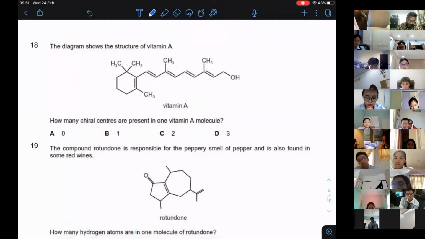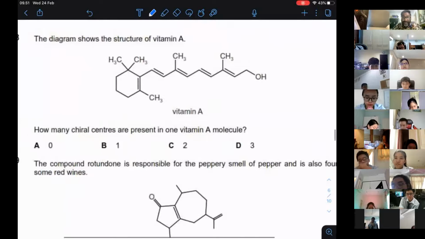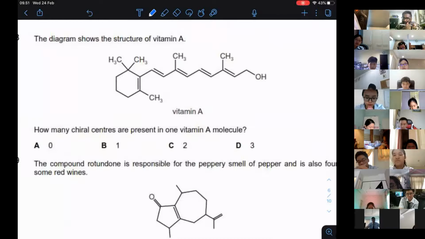Let's look at this. How many chiral centers will exist? Here you see there are different structures now, and you can see, especially this part, we will consider whether they are going to be chiral or not. I want to see how many chiral centers there are.